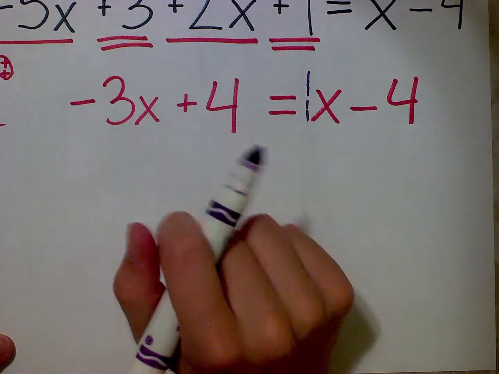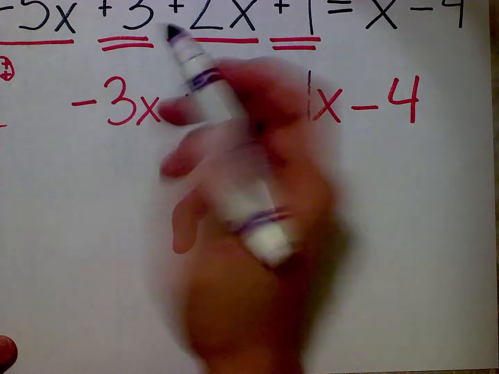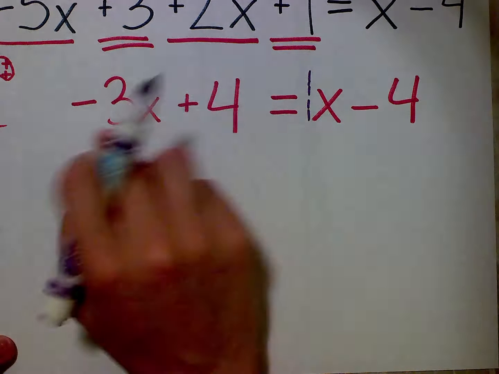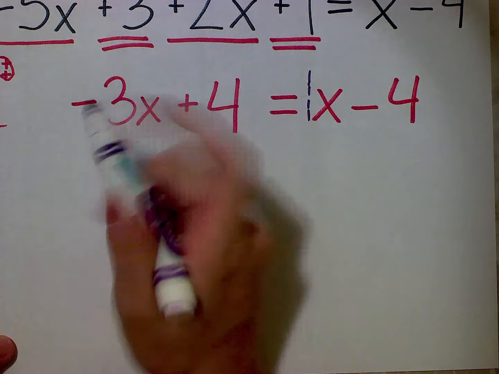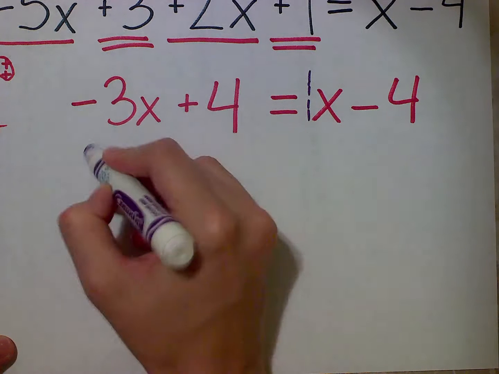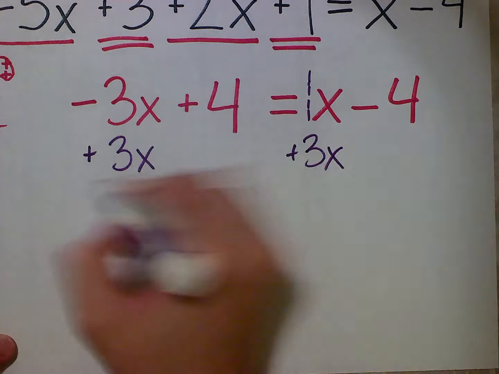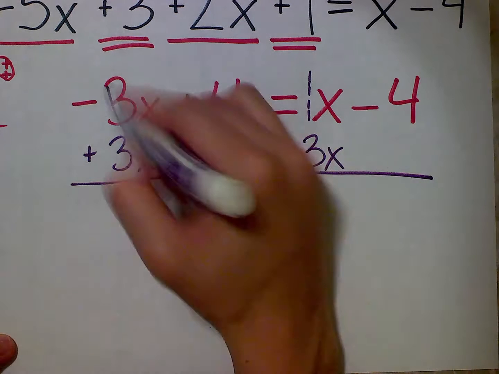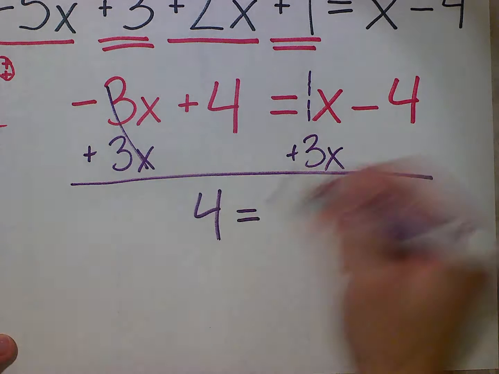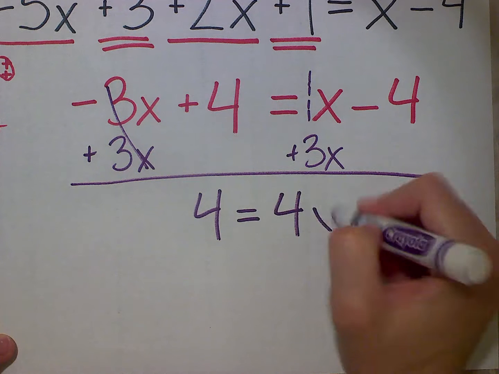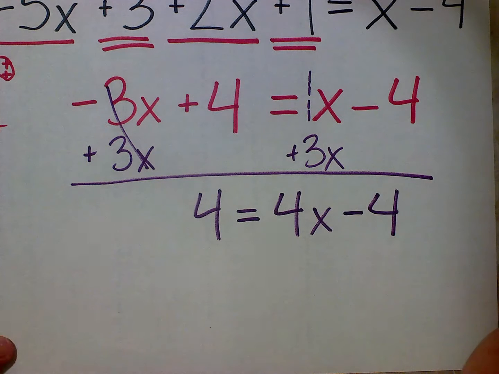A negative number is always going to be smaller than a positive number. So we're going to cancel the smaller coefficient. So how do I cancel minus 3x? I do plus 3x. This is 4 equals 1 plus 3 is 4x minus 4.